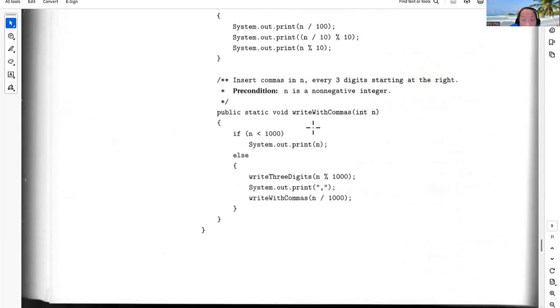How about this one, write with comma? What happens when you have 1, 2, 3, 4, 5, 6?